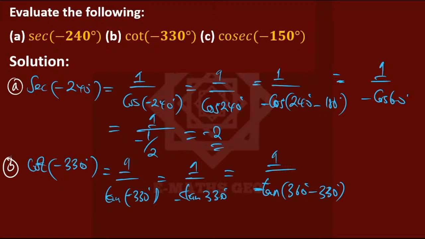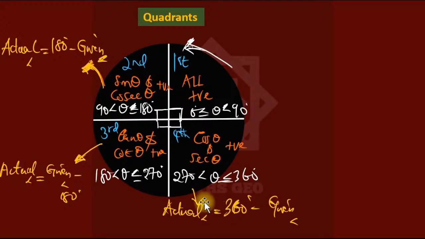We have two negative signs there. So don't make mistake. Only cos and sec are positive, tan and others are negative.